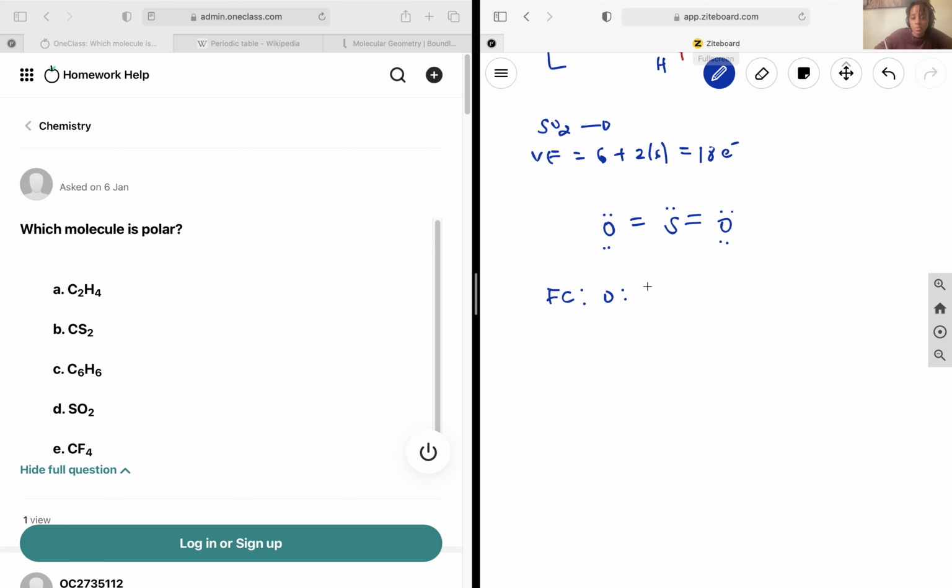For the oxygens, we're going to have 6 minus 4 over 2. Again, 6 minus 6, 0. For the sulfur, we're going to have 6 minus 8 over 2 minus 2. And that's going to give us 6 minus 4 minus 2, which is also 0. So the formal charges make sense and the valence electrons are all accounted for. We can also see here that the sulfur has an expanded octet.